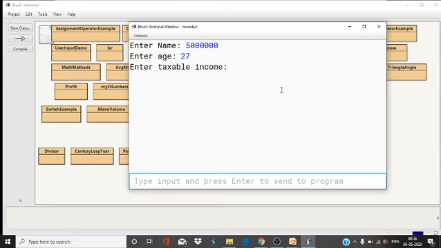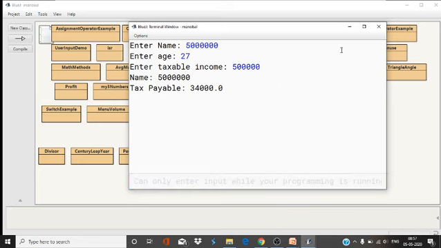Okay, no problem. 5. See, tax payable 34,000, and your name is this. By mistake I wrote this name here. You have to enter your name, because in a string all data types can be stored. That's why there is no compilation error or runtime error, because in a string the value of any data type can be stored.